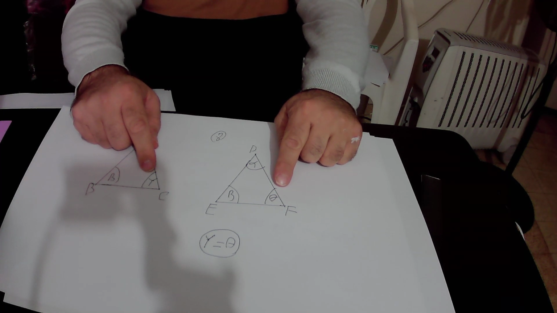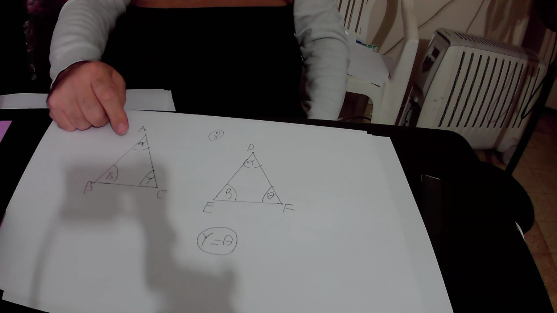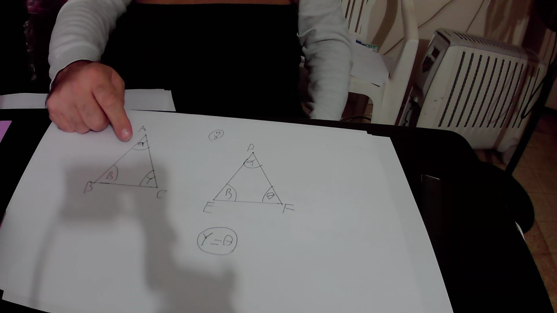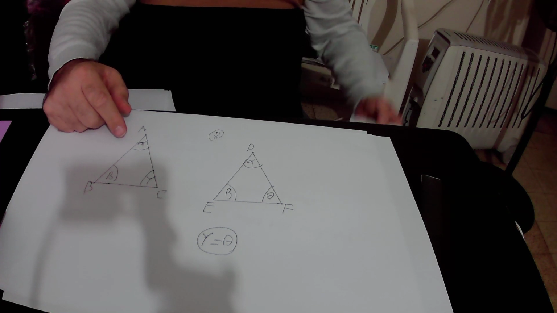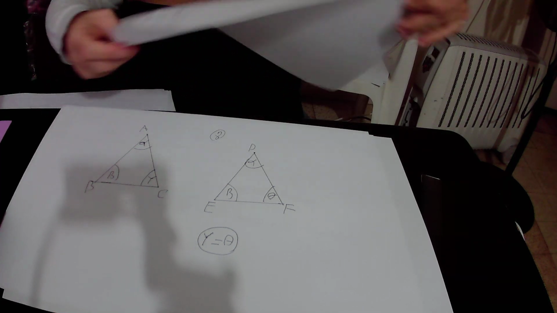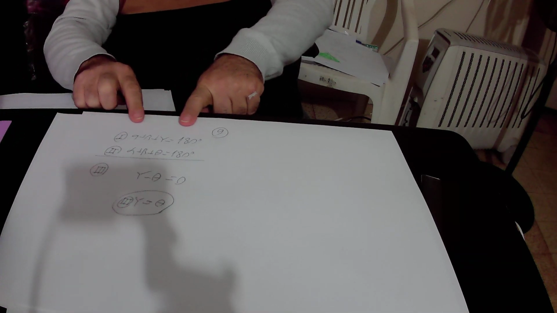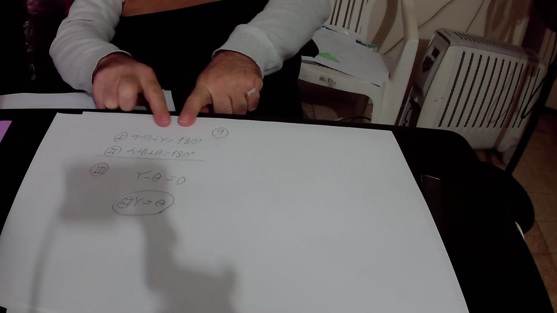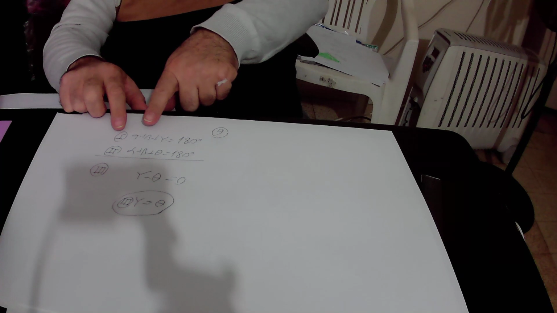And we actually proved that angle theta equals angle gamma because the sum of the angles in any triangle equals 180 degrees. So the sum of the angles in triangle ABC equals 180 degrees. That is to say, alpha plus beta plus gamma equals 180 degrees. And in triangle DEF, the sum of the angles also equals 180 degrees. That is to say, alpha plus beta plus theta equals 180 degrees.